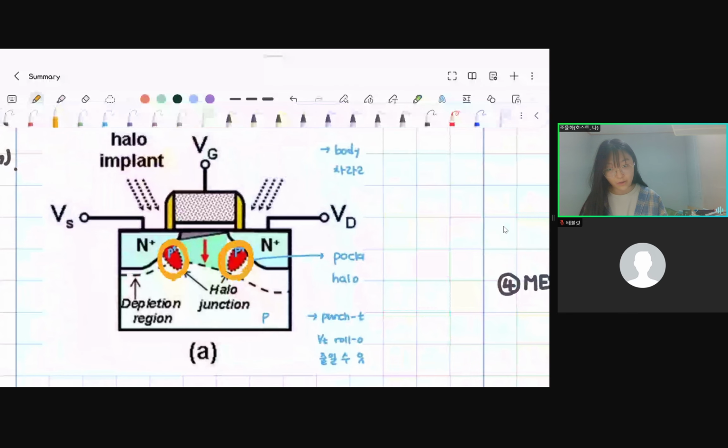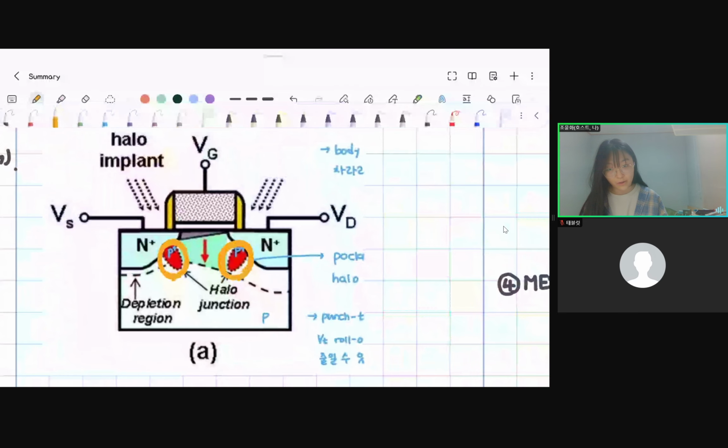By putting this junction like this, we can block the punch-through situation, and we can also block another short channel effect, because that junction lowers the electric field. So by using two junction engineerings, LDD and pocket implant, we can reduce the short channel effect phenomenon.